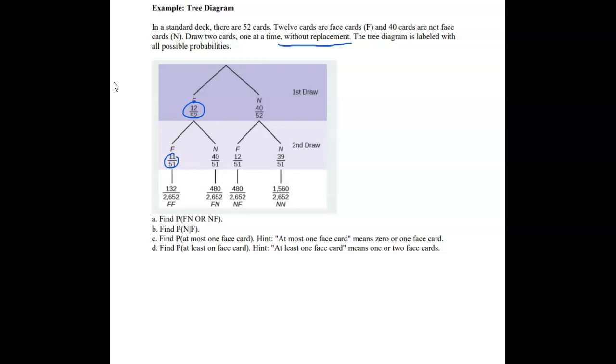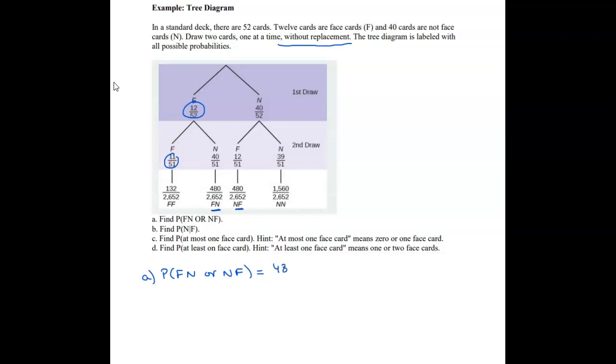Okay. So we're going to use that table to find probabilities. So probability of FN or NF. All right, so this means that or means add, right? And and means multiply. When you're talking about probabilities, we've seen those formulas before. So this is the FN probability and this is the NF probability.